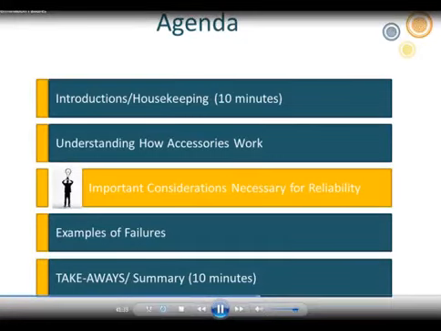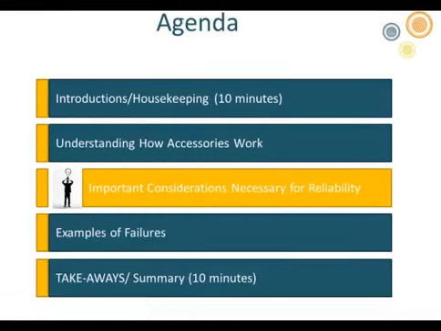Gail asks, how does excessive conductor temperature fail cables? Okay, so if you get excessive temperature on your cable, like I had mentioned before, the more heat a polymeric material sees, the more rapidly it tends to degrade, and therefore it reduces the life of the cable.